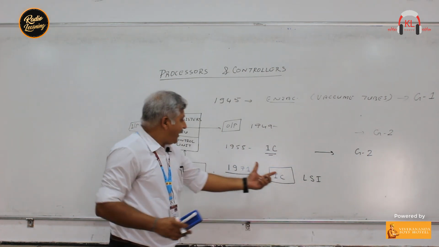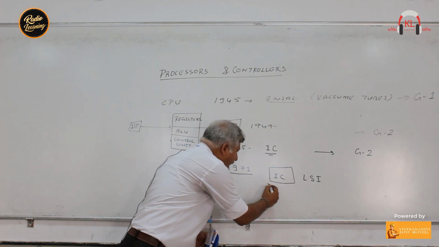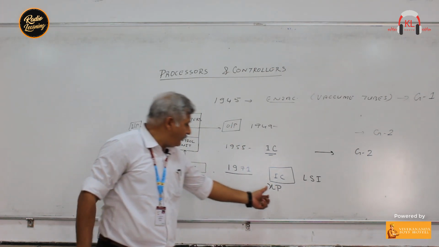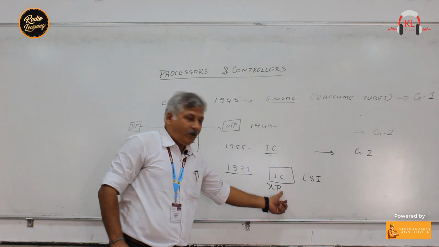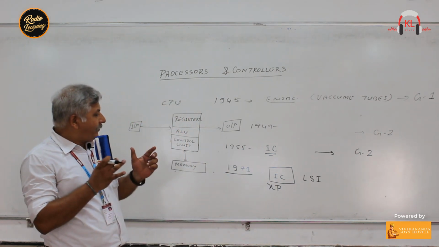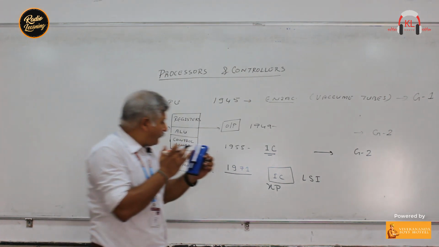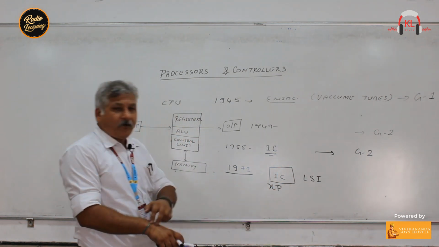Then that central processing unit was called a microprocessor, µP: mu indicates micro and P indicates processor. That central processing unit, which we have fully integrated inside one single IC, was called a microprocessor.